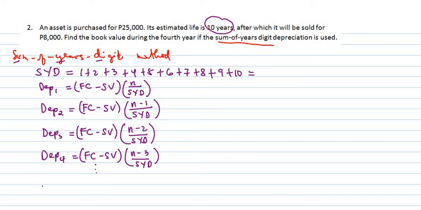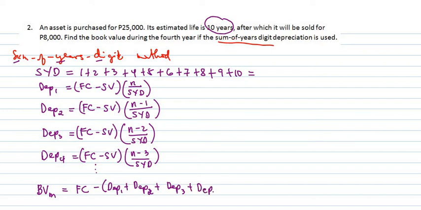And then if we want to find the book value after m years, we have here the book value after m years, that is equivalent to the first cost minus the sum of its depreciation. So let's say year 1 depreciation plus year 2 depreciation plus year 3 plus year 4.